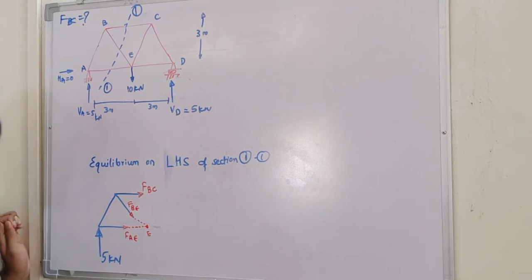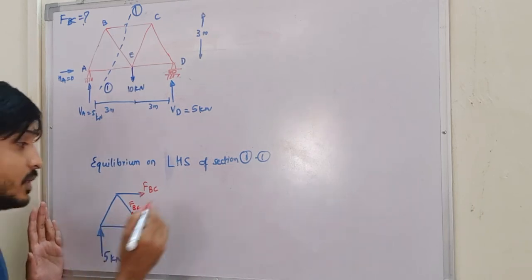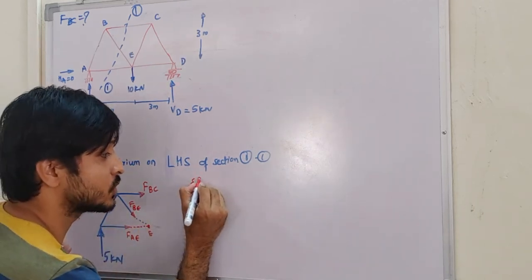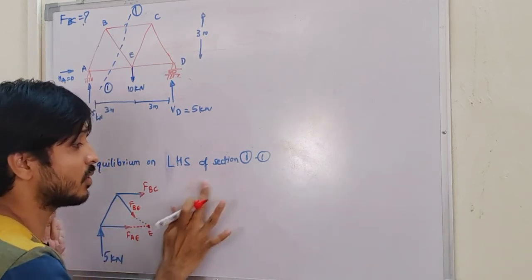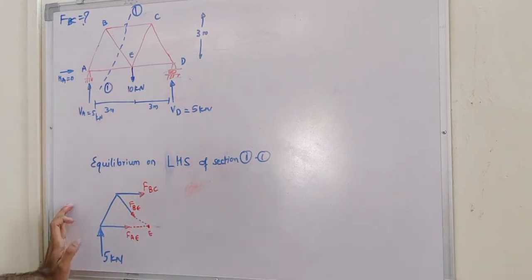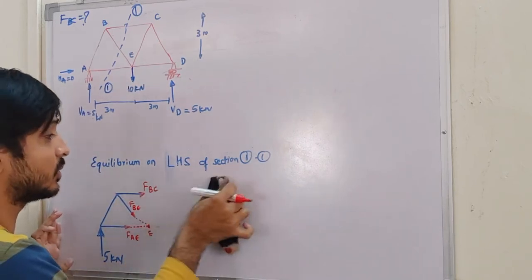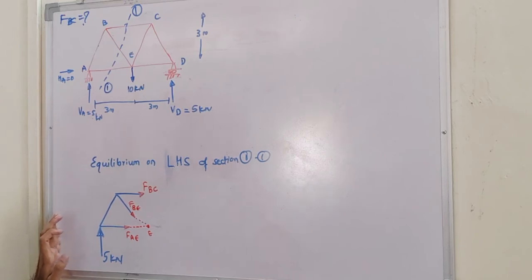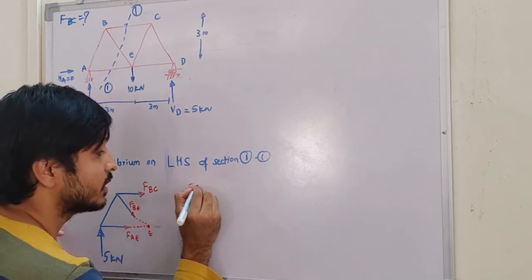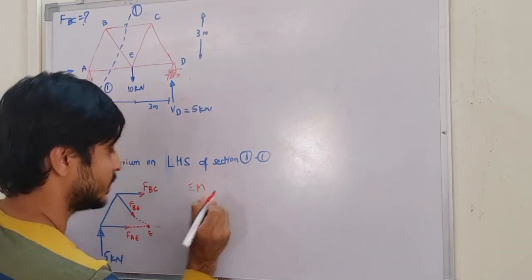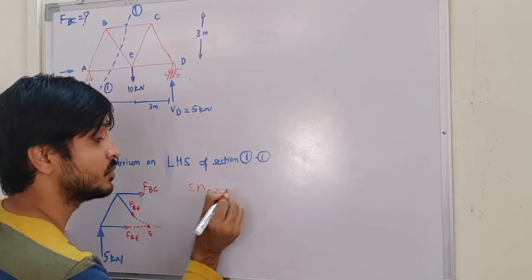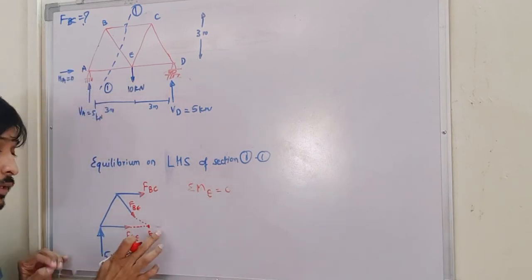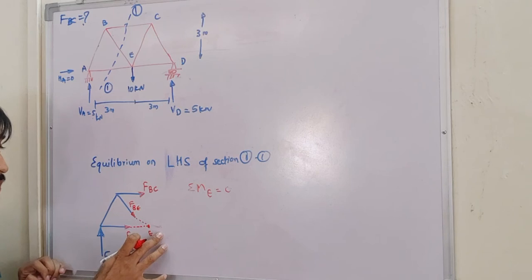So now, instead of summation of Fy equals to 0, directly we can solve the problem by using the equation summation of moment at E equals to 0. If I take summation of moment at E equals to 0, what do we get?